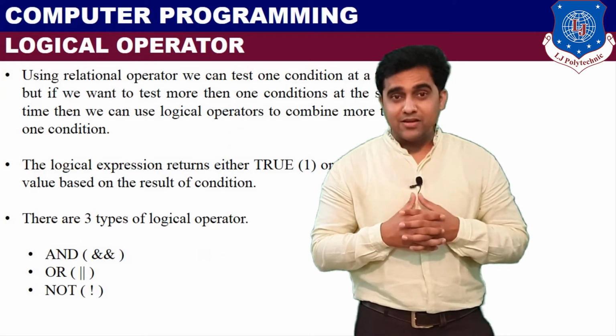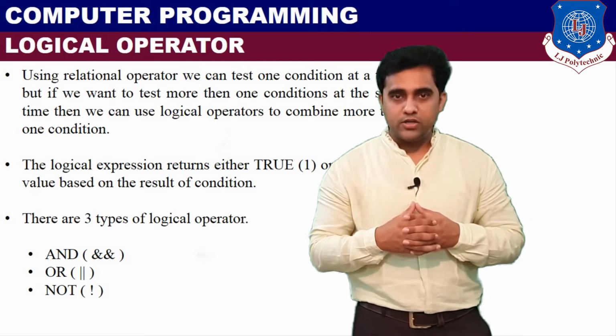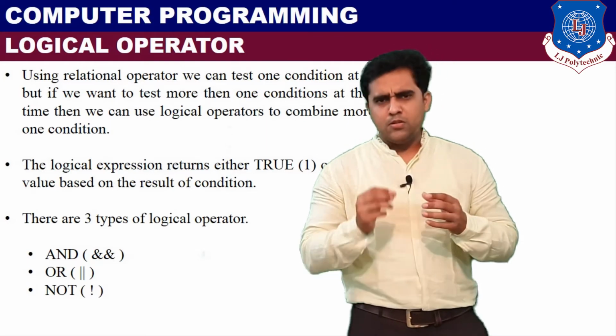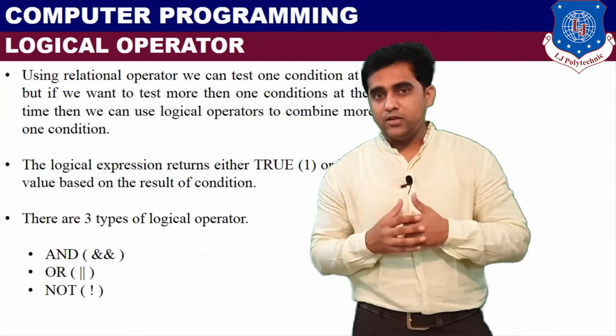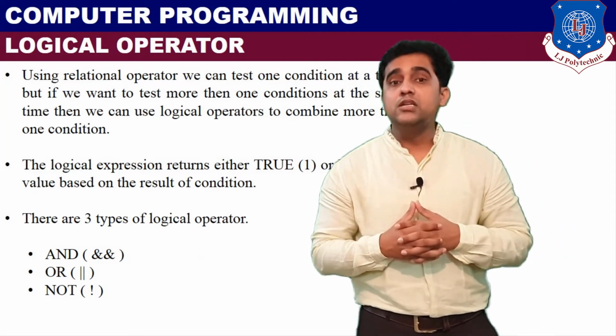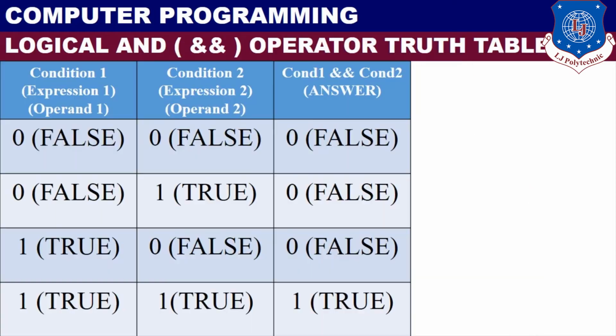So now let's understand logical AND, logical OR and logical NOT with examples. But before that, we must know the truth tables of logical AND, logical OR and logical NOT. So we will start with logical AND. In a truth table, true means 1 and false means 0. Here you can see operand 1 and operand 2, which you can consider as expression 1 and expression 2.